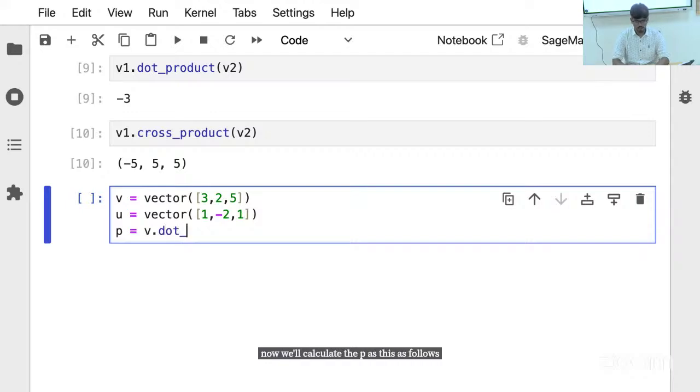The dot product of V with U, then divided by the norm of U squared, and then multiply by U.